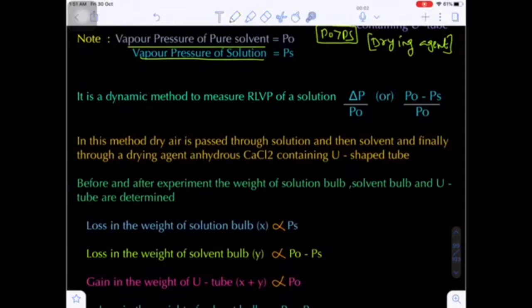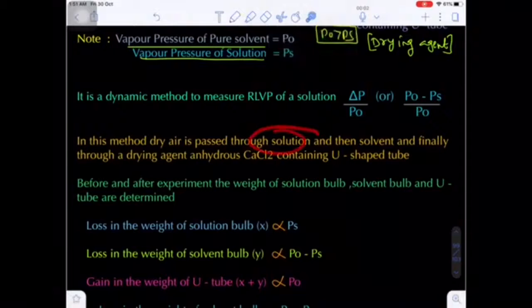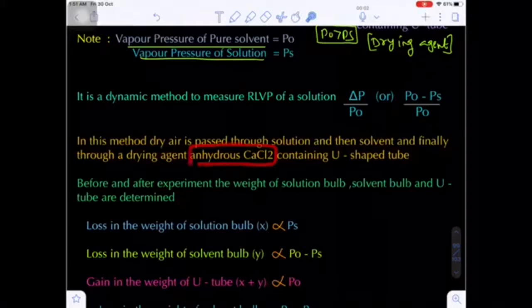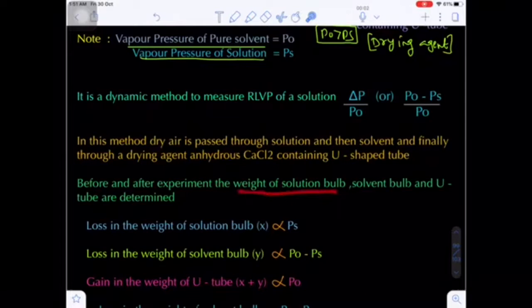Okay. Now, first of all, dry air is sent into the solution bulb, and then after that the solvent bulb, and finally it is sent into a drying agent, that is the anhydrous calcium chloride, which has a tendency to absorb the moisture. Okay. So before and after the experiment, we have to determine the weight of the solvent bulb, solution bulb, and also the U tube.